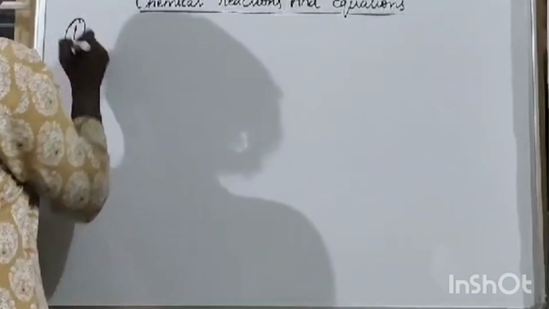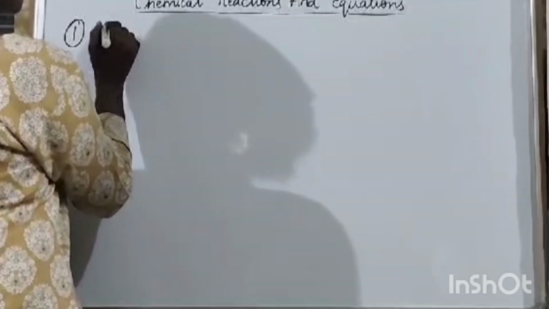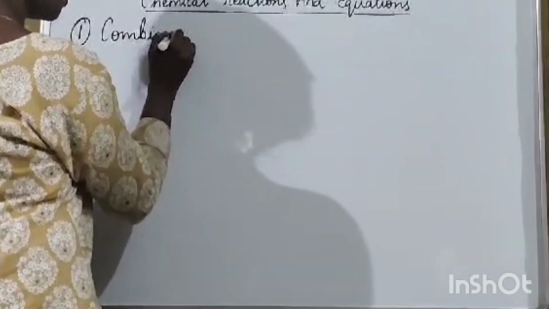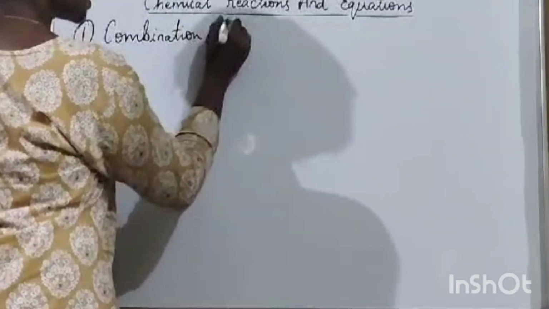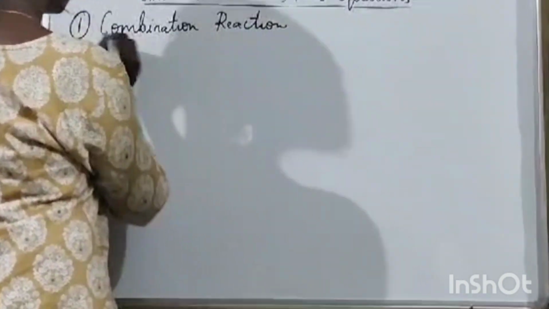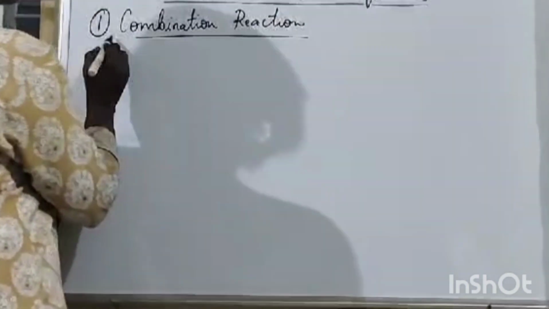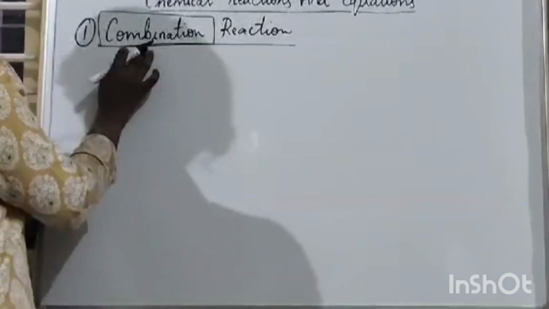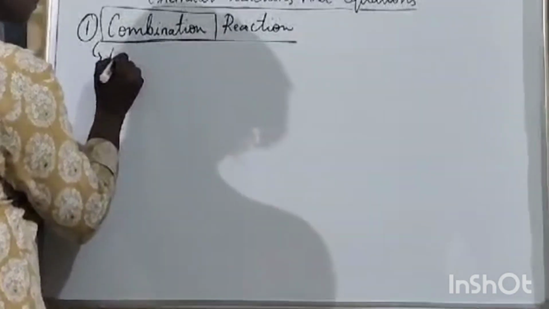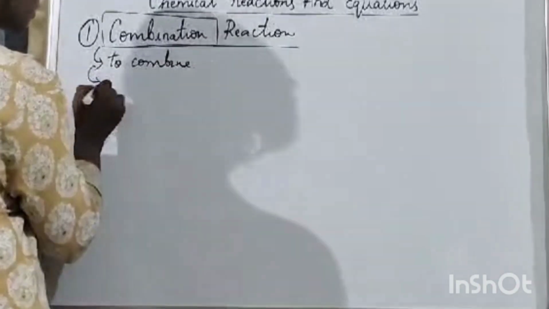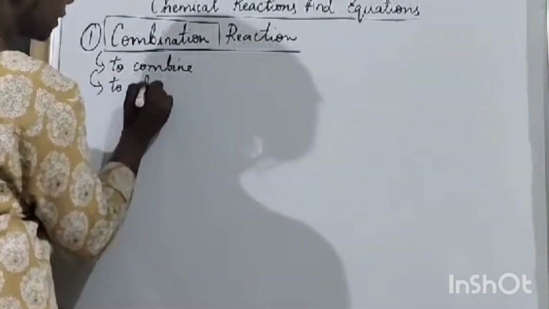So now let us move on to the first chemical reaction, combination reaction. So this is our first type of chemical reaction. Let us look into this word combination. Combination means to combine, or you can say to add.